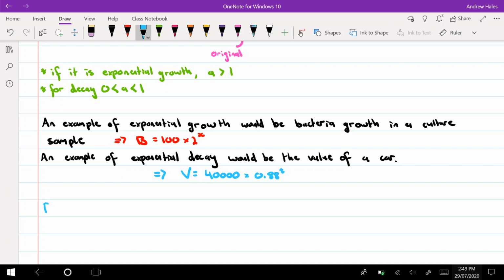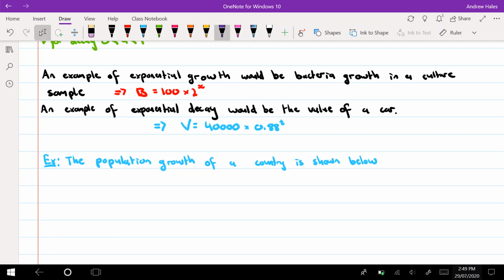Now let's get into what we're going to be asking you to do. So, the population growth of a country is shown below. So we'll go the year, and then we'll go, just say pop for population, and it's in millions.